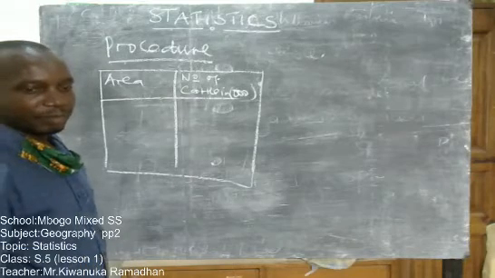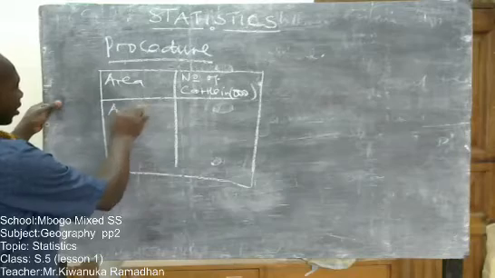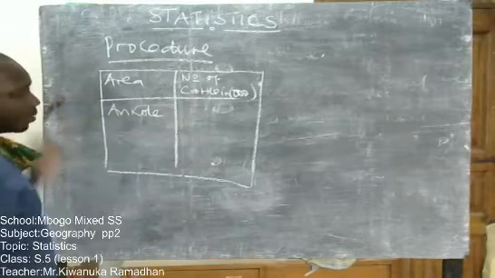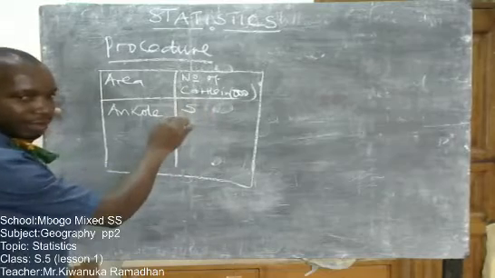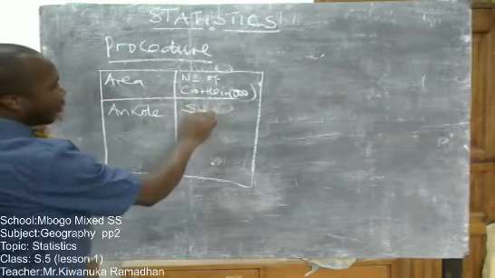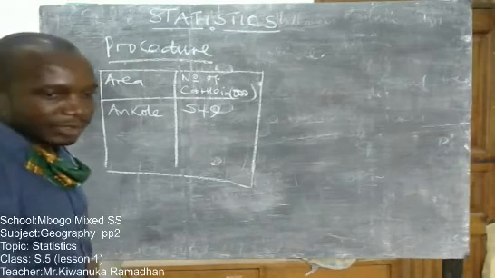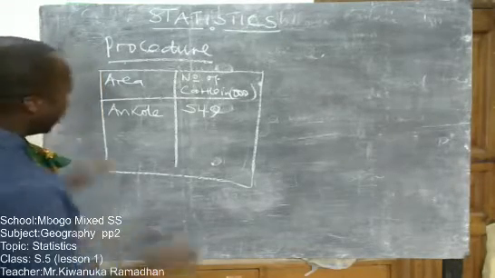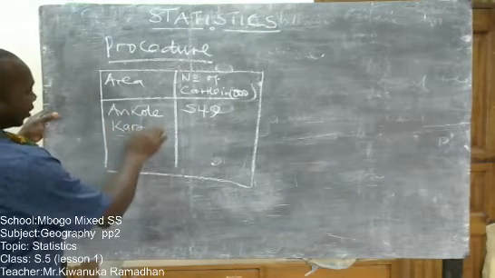We are going to arrange. We look for the biggest first. The biggest happens to be Ankole. Ankole has 549. Then what comes second after Ankole in order? That is Karamoja.